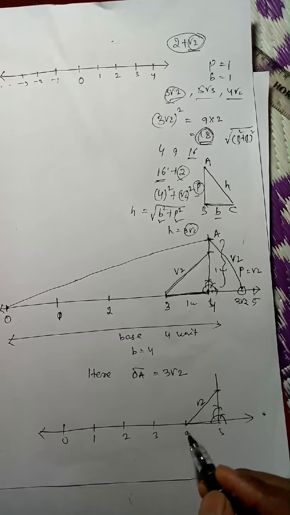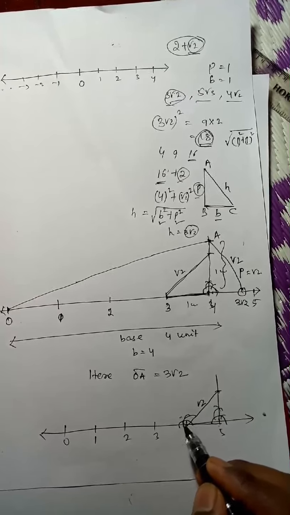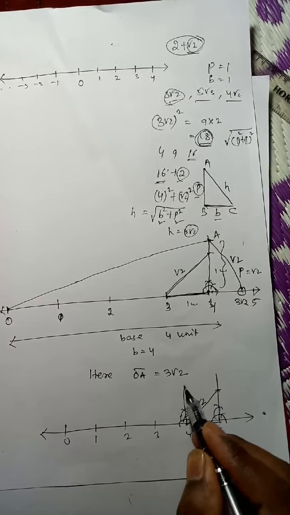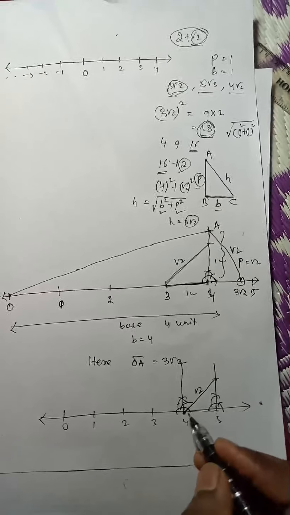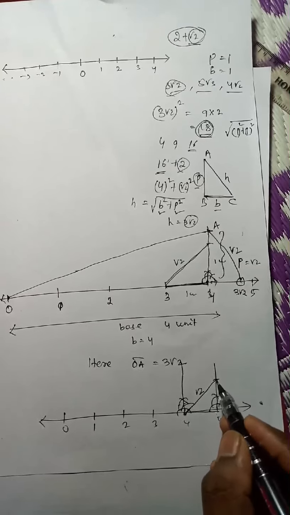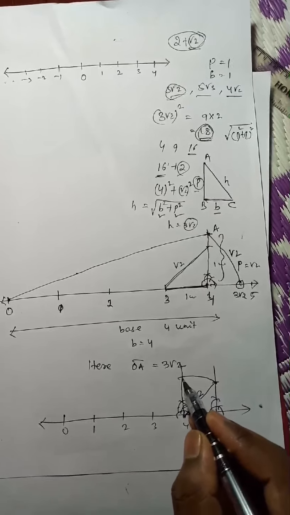Okay, and here also we have to draw a 90 degree angle. Okay, now take your compass point here and pencil point here and draw a curve to this point.